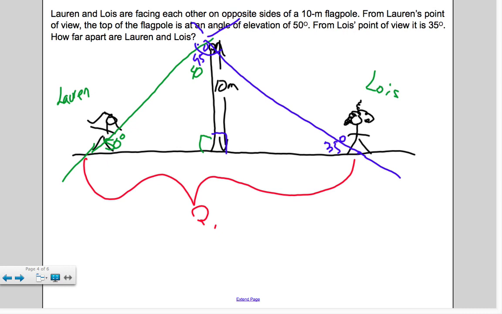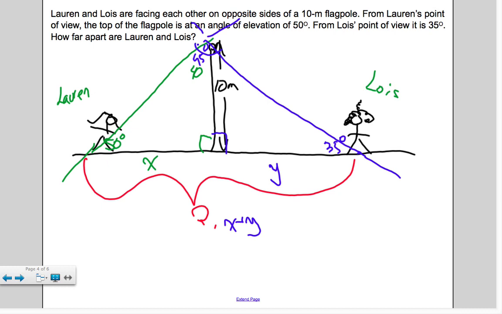Yeah. So what we recognize is that if I label this part as x and this part as y, this distance is x plus y. So how can I calculate for x?